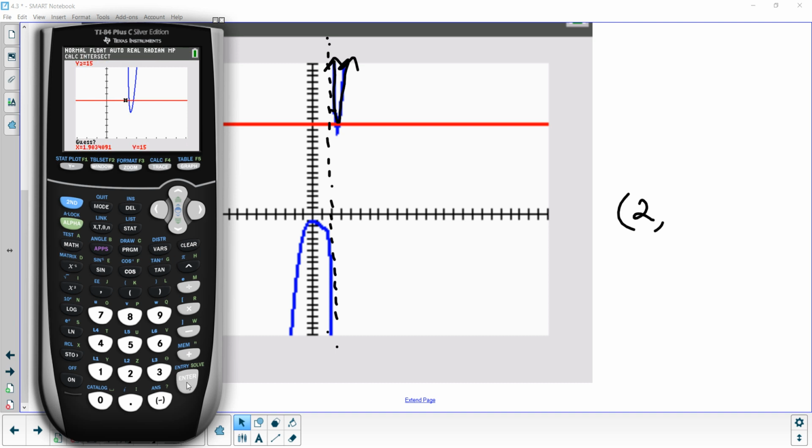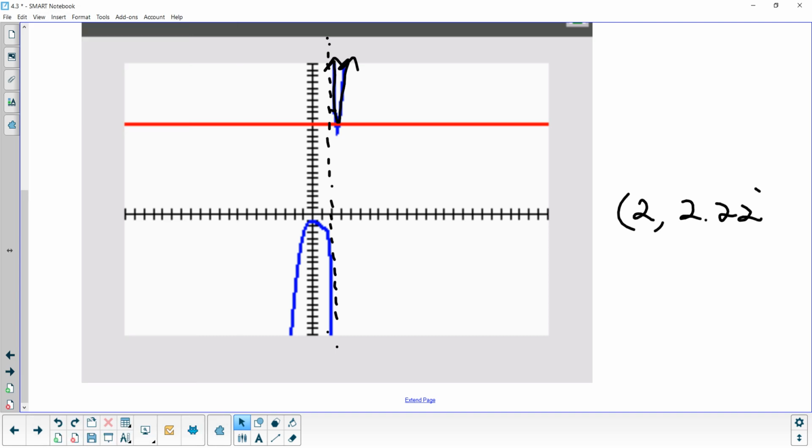And as long as you're closer to the left, should give me the one on the left. Okay, let's try it again. Just make sure your cursor is on the right spot. Up to 2.22. So I can pick any point between 2 and 2.22, and it'll put me on that section.